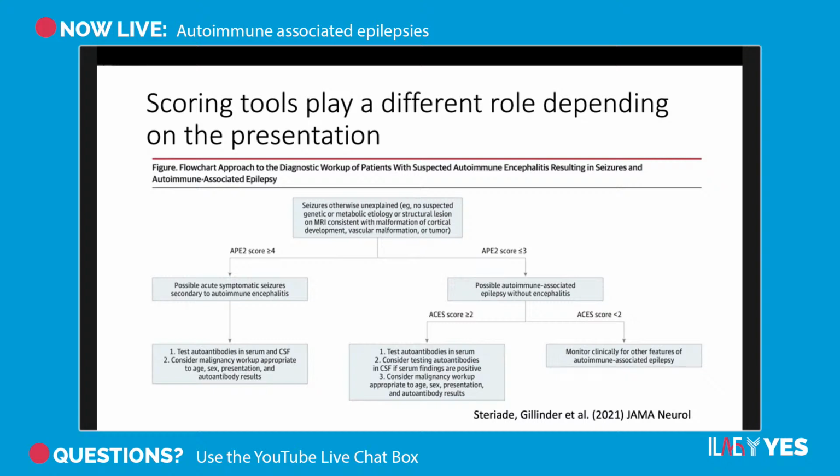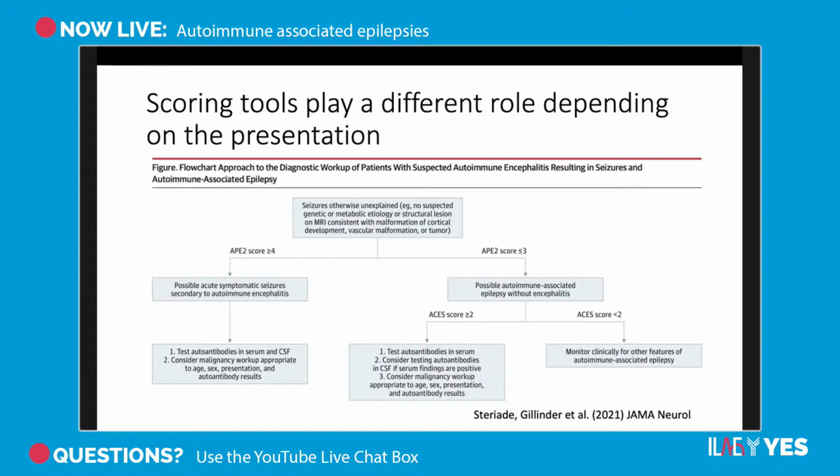In the epilepsy setting, so in autoimmune-associated epilepsy, because you're likely going to deal with antibodies that tend to be just as sensitive, if not more sensitive in serum, like LGI1, GAD65, CASPR2, then testing CSF may not always be necessary, although we don't truly know the answer to that question.